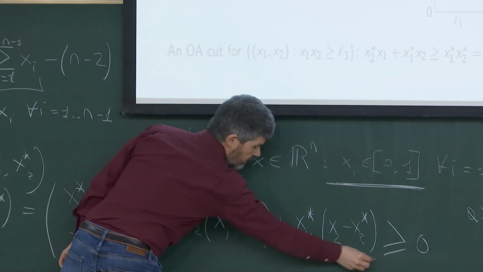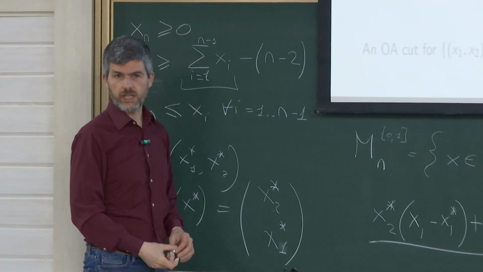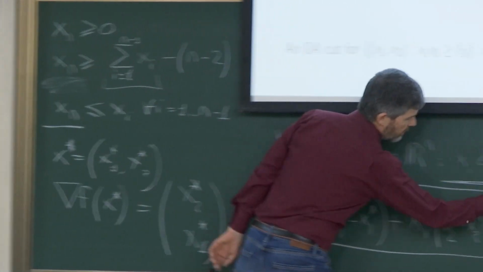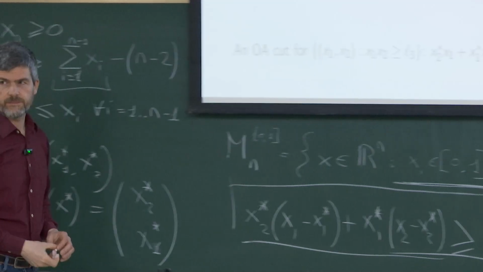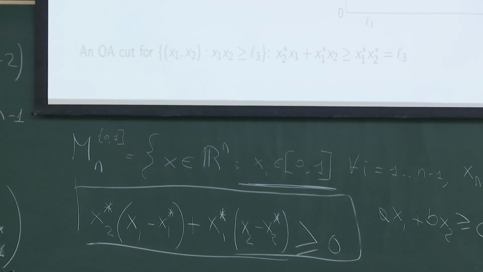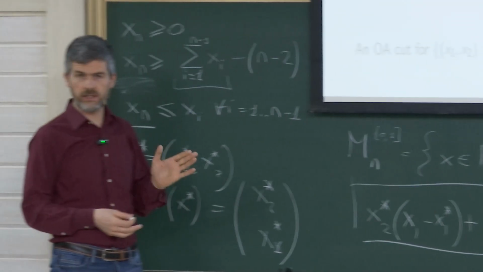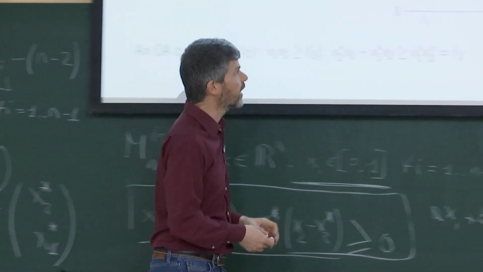Because this function is equal to 0 at x star, this inequality gives me the tangent that I was looking for. For now, it's only the vertical one. It's only the one that is not considering x3.